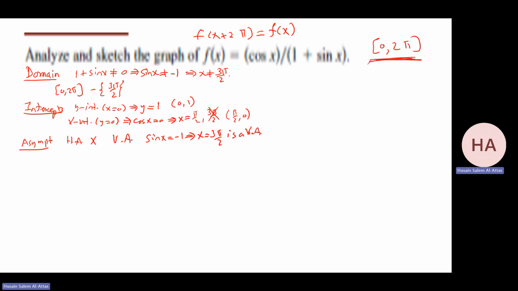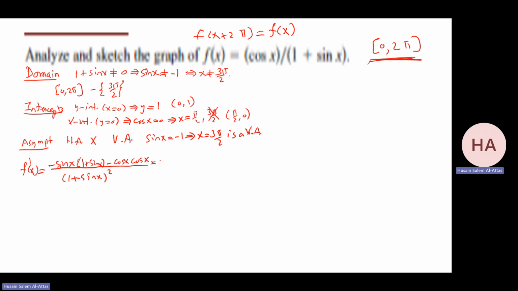Okay. F prime. F prime will be what? It will be minus sine x times 1 plus sine x, minus cosine x times cosine x, over 1 plus sine x all squared. That gives me what?